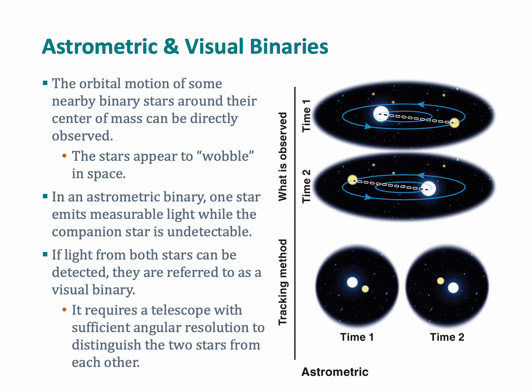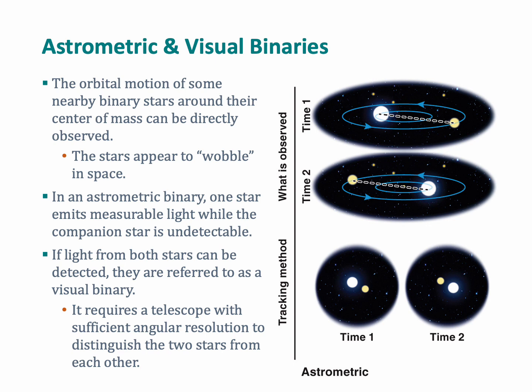There are a number of different ways that we can observe binary star systems. There are astrometric and visual binaries, spectroscopic binaries, and eclipsing binaries, and we'll see each of those over the next couple of slides. If the binary system isn't too far from Earth, then we can see the motion directly, and the stars seem to wobble a bit as they orbit one another.